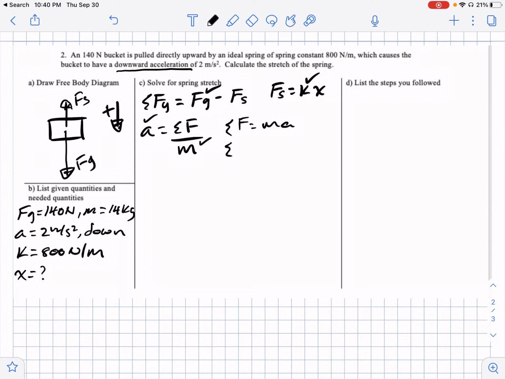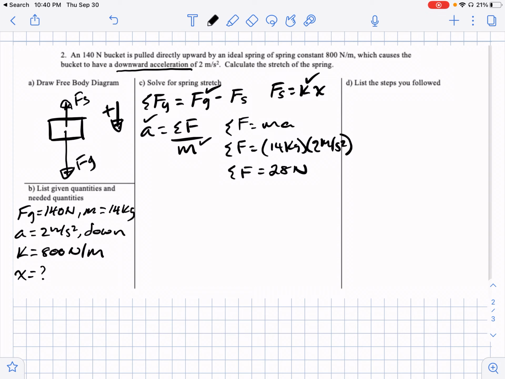So we can plug these in. The mass was 14 kilograms. And then your acceleration was 2 meters per second down. But since we're calling down positive, I can leave that as a positive 2 there. And my net force then is just going to equal 28 newtons.